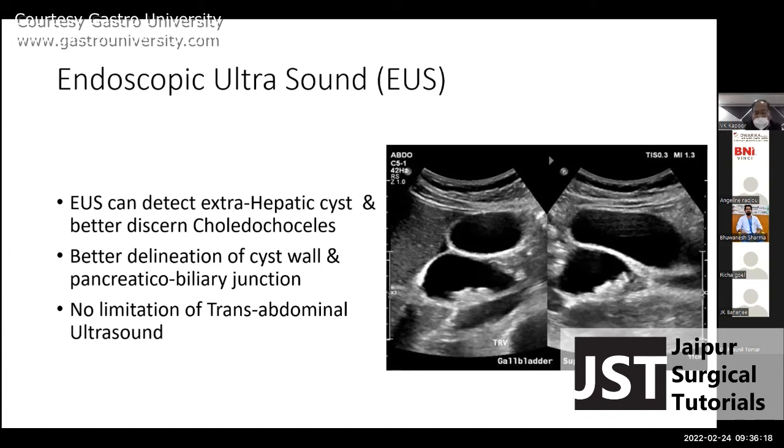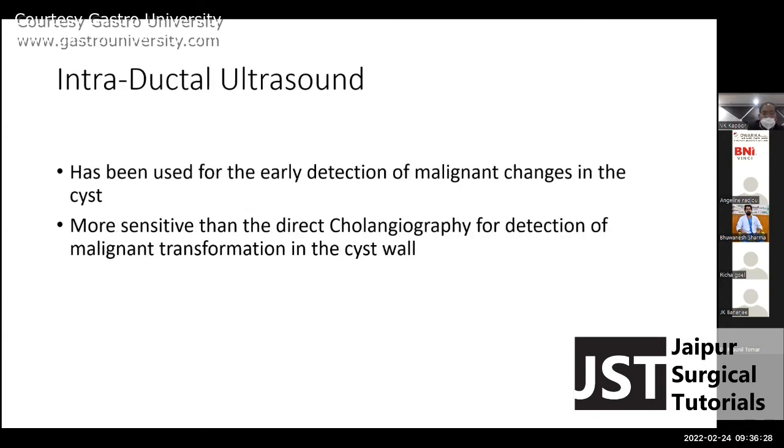However, it is limited by the poor availability and the expertise. Intra-ductal ultrasound has been used for early detection of malignant changes in the cyst, and is more sensitive than direct cholangiography for detection of malignant transformation in the cyst wall.